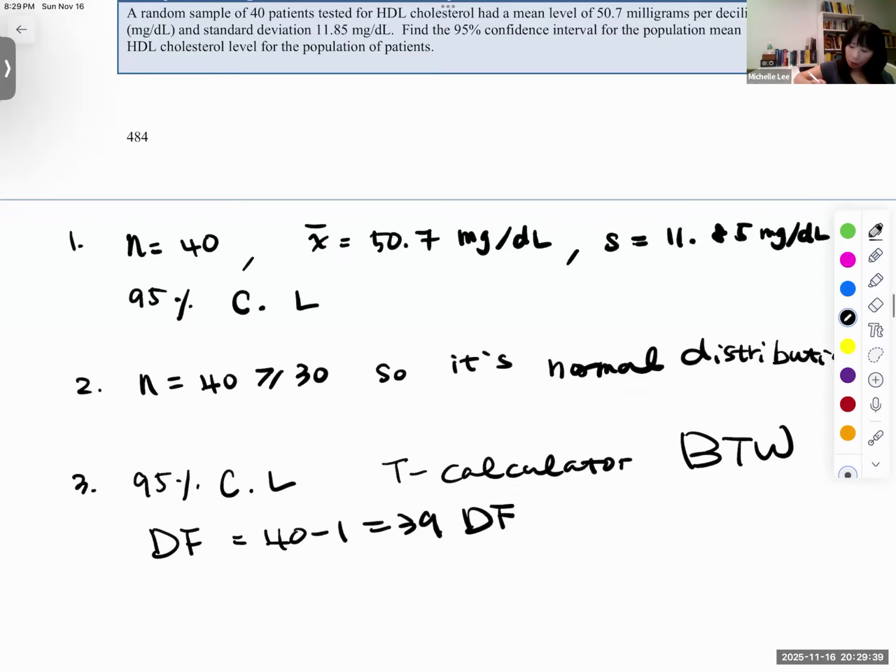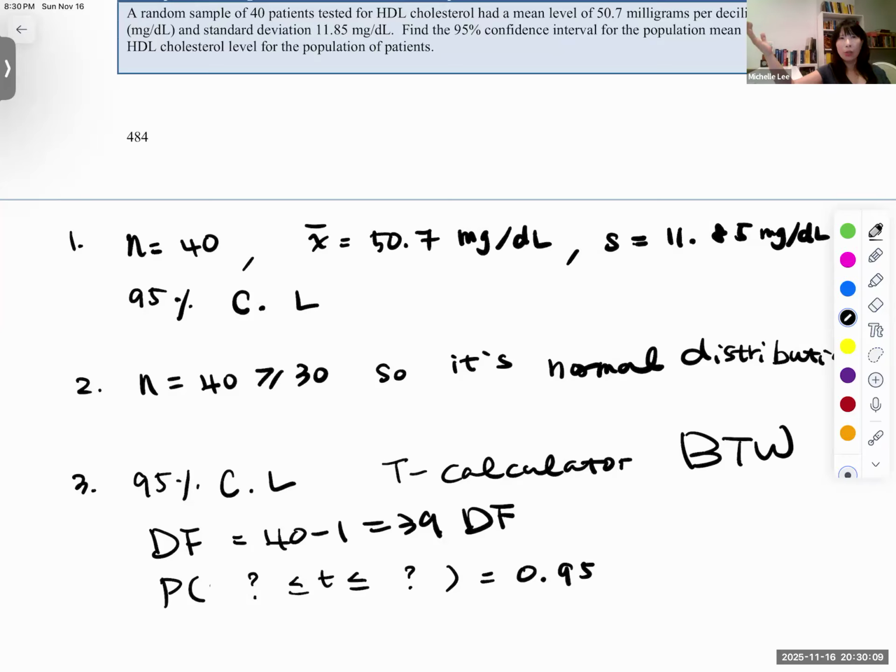We put the probability and t between, and we want to find the value.